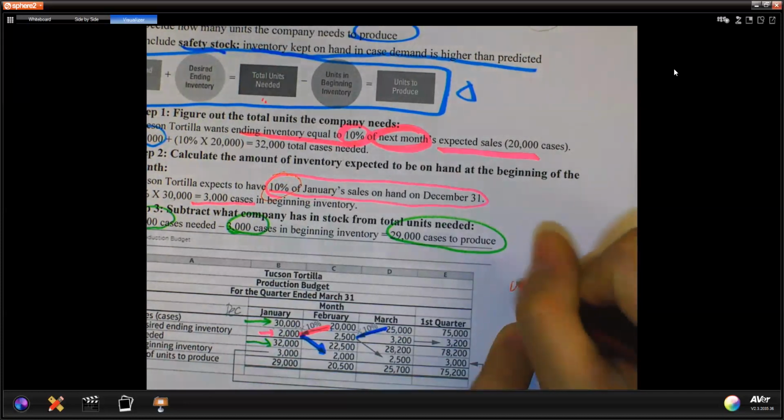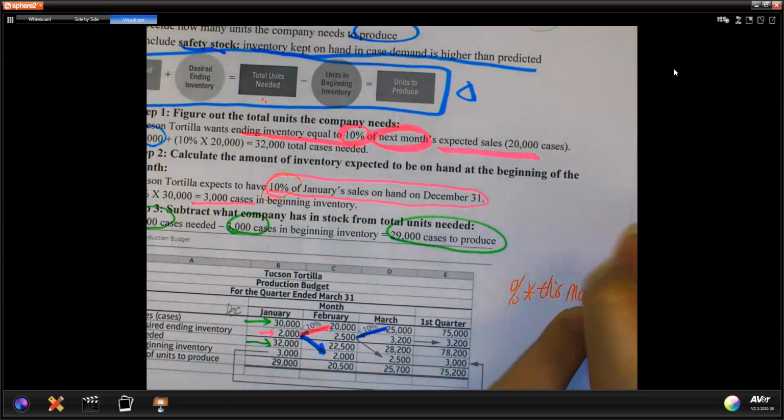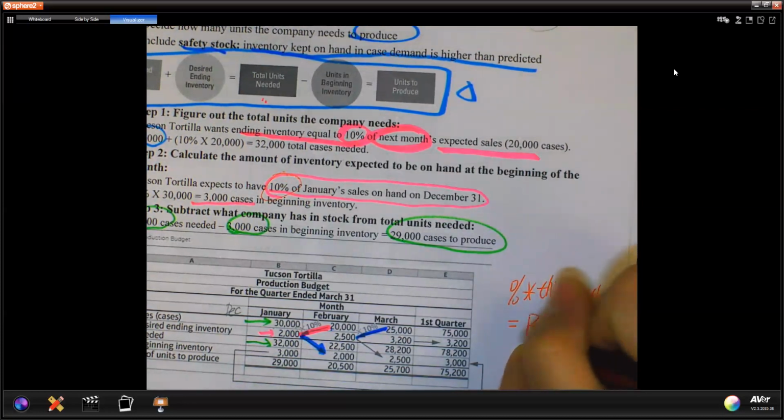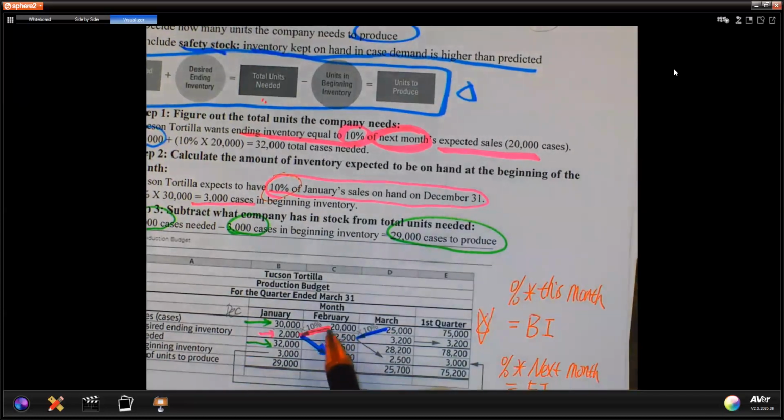So the percentage times this month's sales will be your beginning inventory, and the percentage times your next month's sales will be your ending inventory.